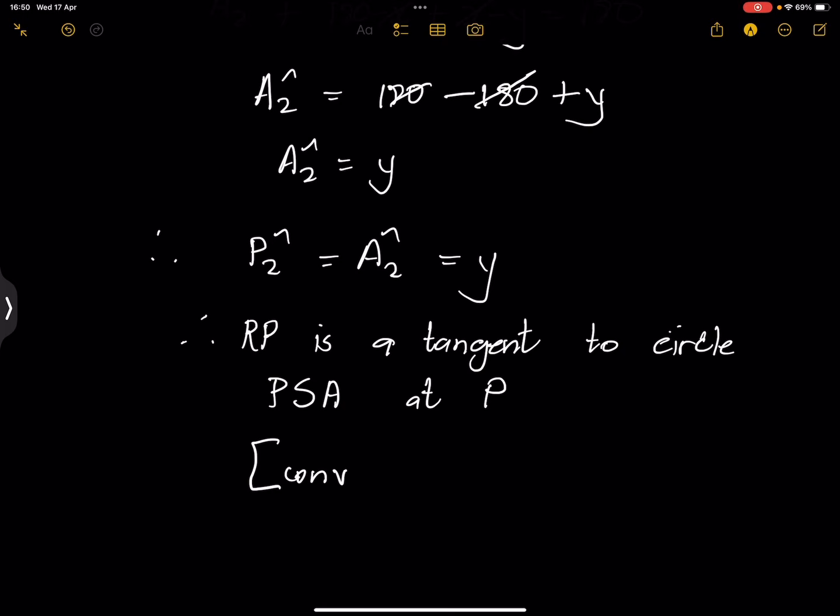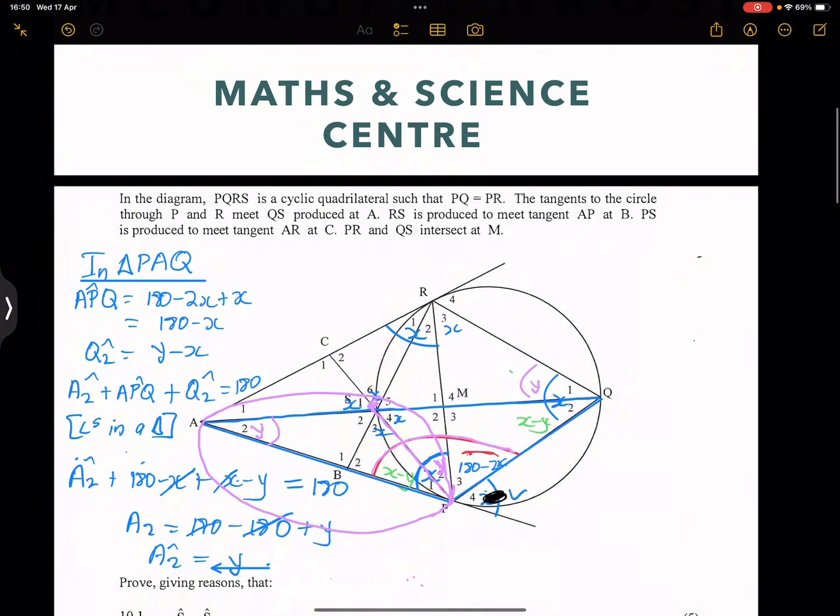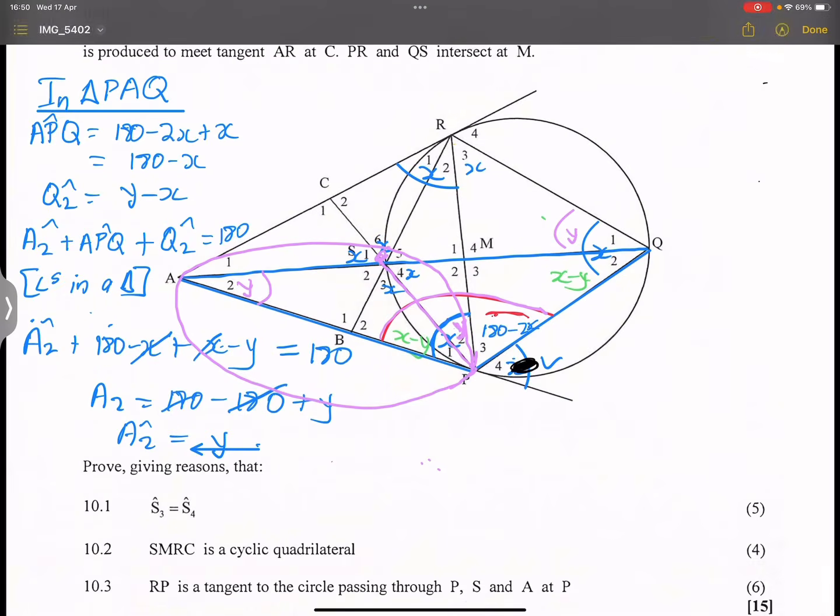Because we could use the converse of the tan chord theorem. Because they are equal, in this case, because P2 is equal to A2, the tan chord theorem is applicable, and therefore it makes PR a tangent.